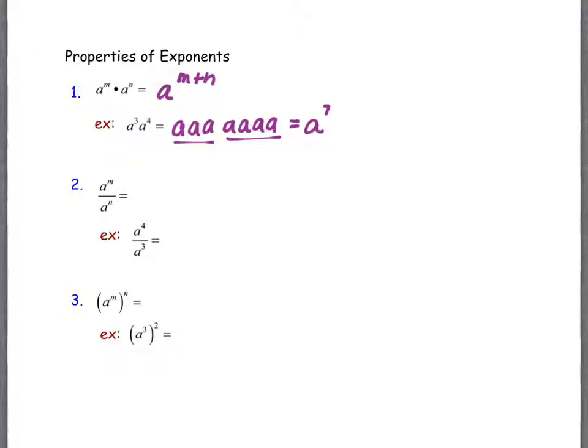We do the same thing with division. So we discussed just a moment ago that division becomes subtraction, right? All right, so now I have a to the 4th, which you told me just a minute ago was 4 a's. And I have a to the 3rd, which you also told me was 3 a's. So, now what?